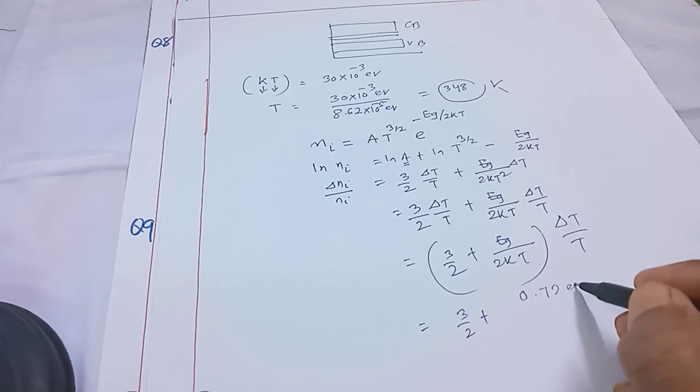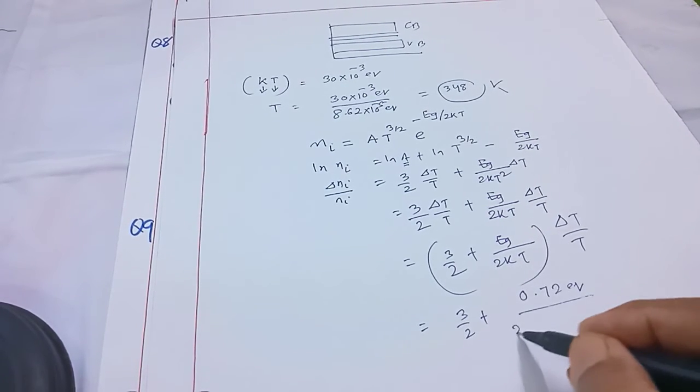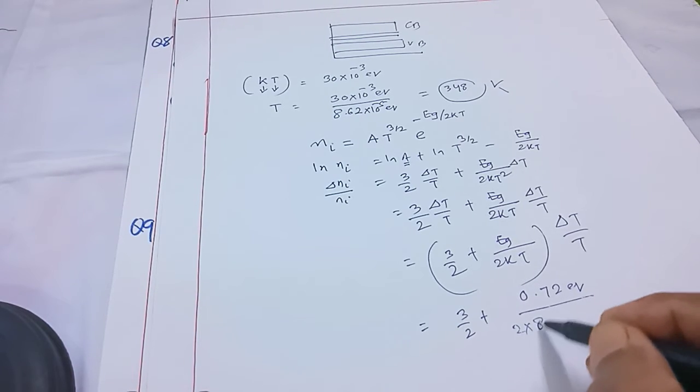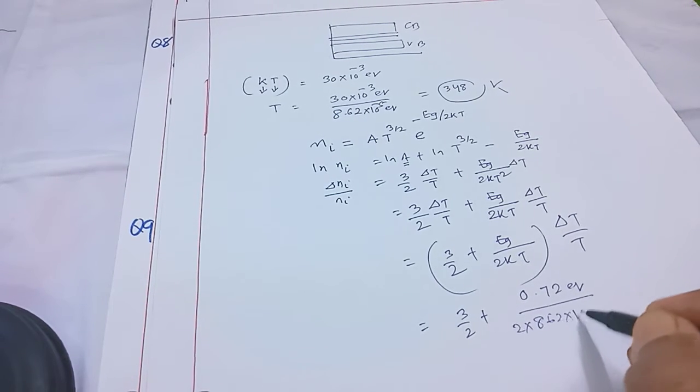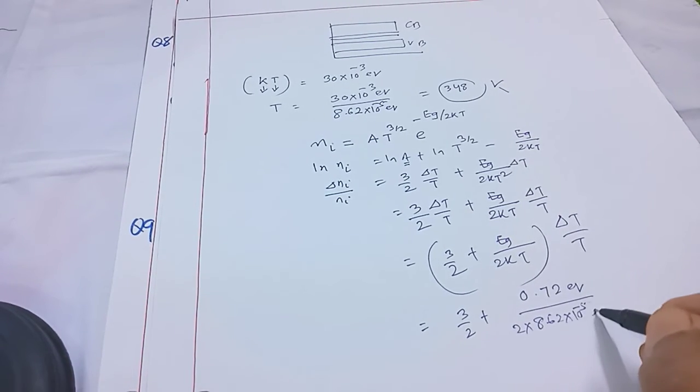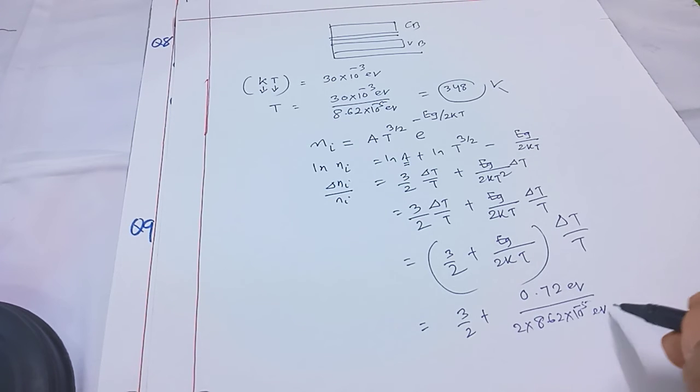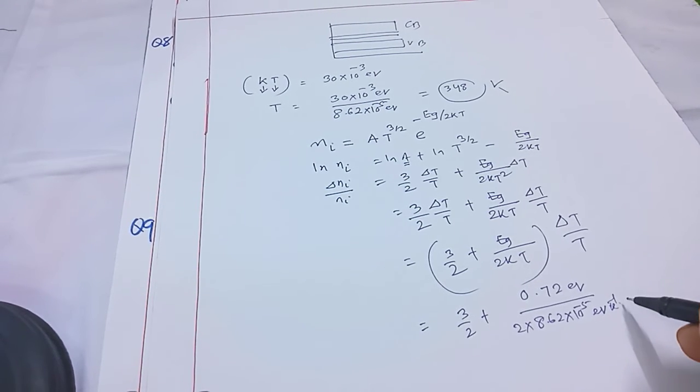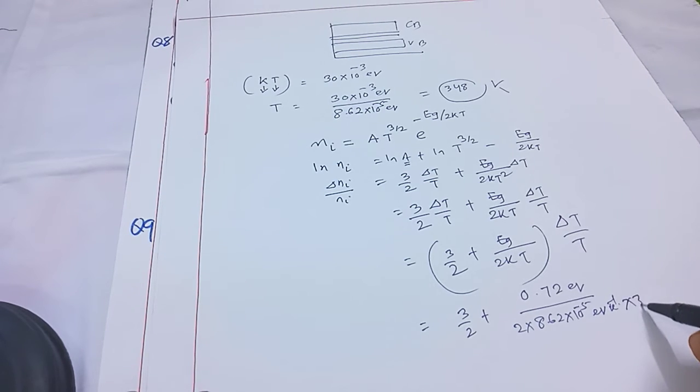Now you substitute the values of Eg, that is given, 0.72 electron volt, and k, which is 8.62 times 10 to the power minus 5 electron volt per Kelvin, and temperature is 300 Kelvin.